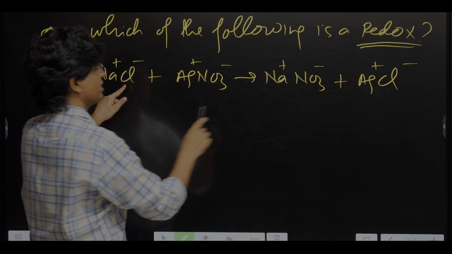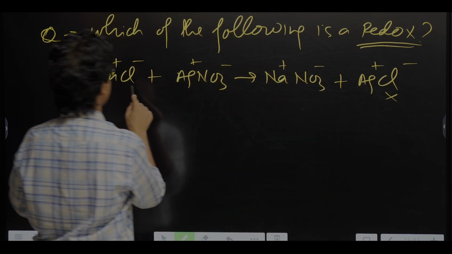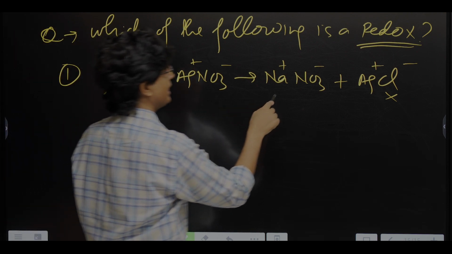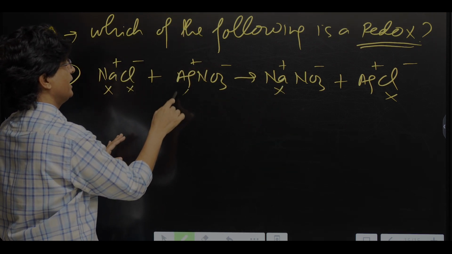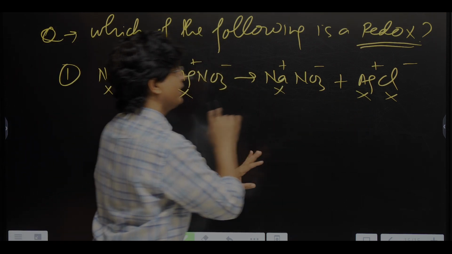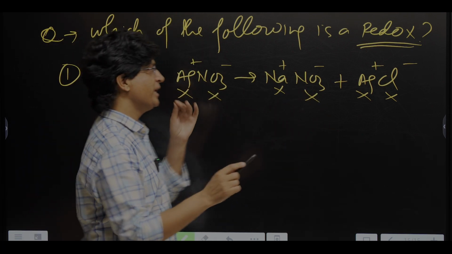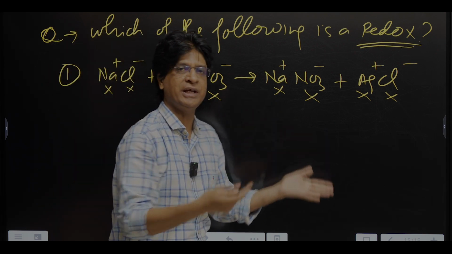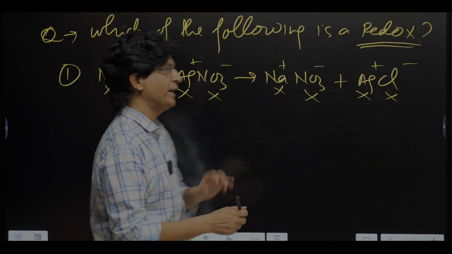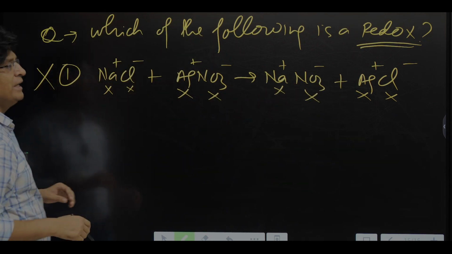Cl minus stays Cl minus, no change. Na plus exists as Na plus, no change. Ag plus also exists as Ag plus, and nitrate also exists as nitrate. So there is no change of oxidation state. This is not a redox reaction.